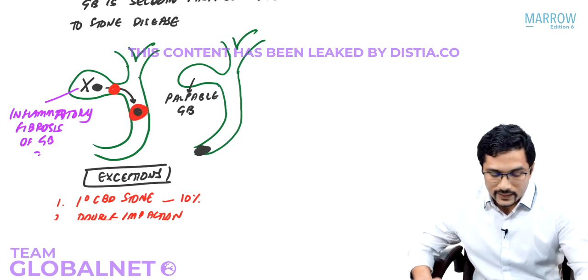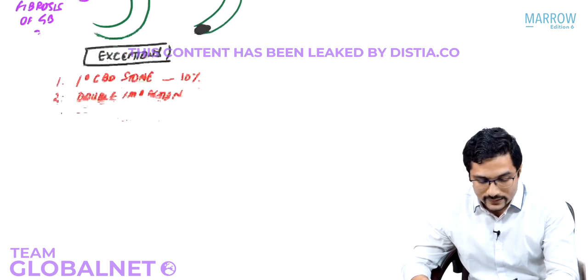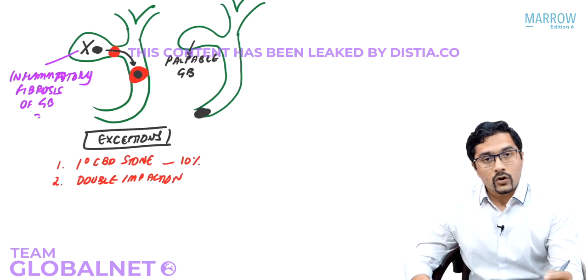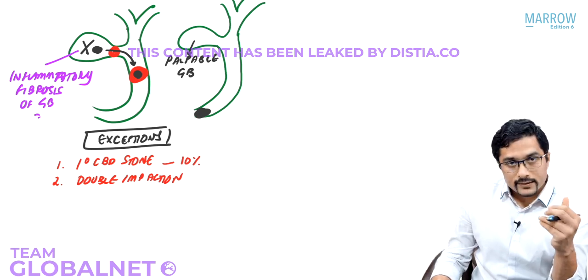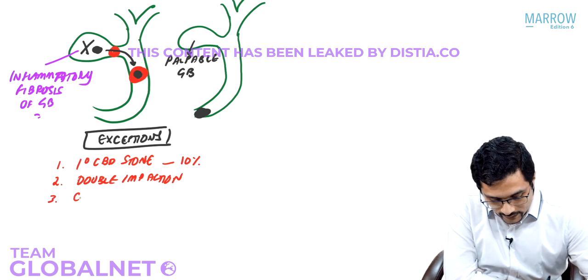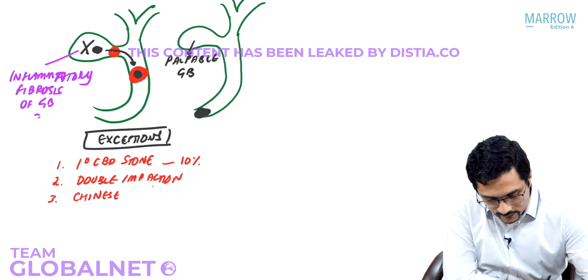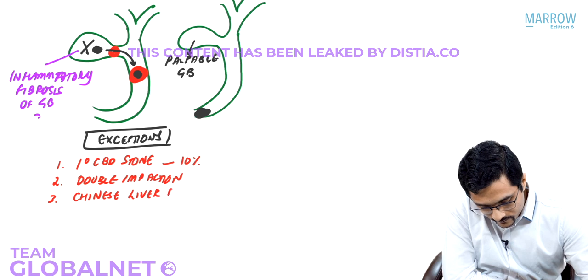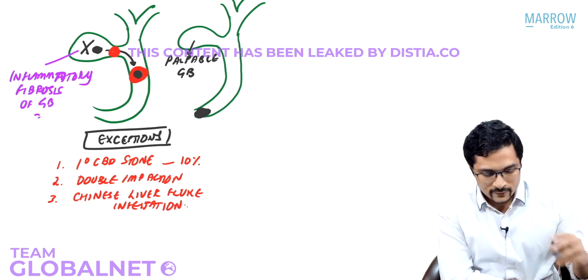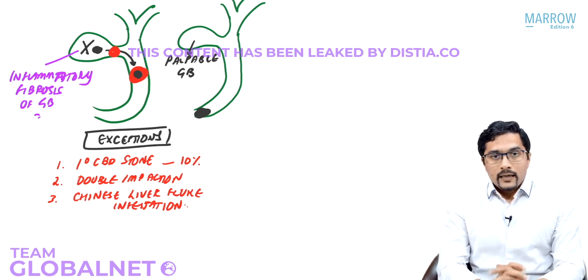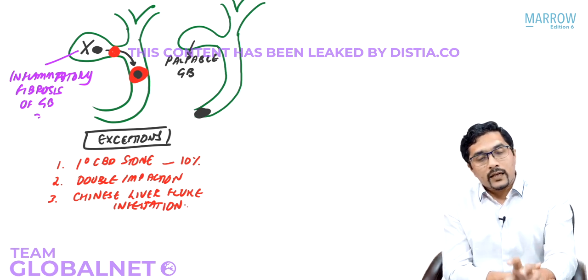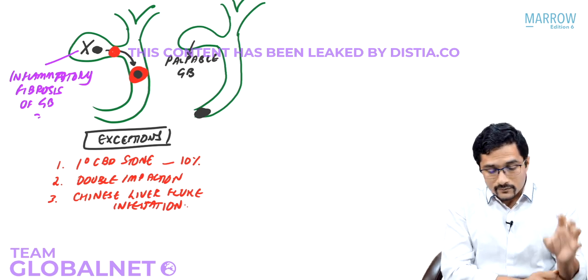Mucocele I've covered is distension of the gallbladder due to mucus, and another stone which causes obstructive jaundice because of blocking the CBD. And the third exception is Chinese liver fluke infestation. So these are the exceptions to Courvoisier's law which you should know about, and this is how we reach a diagnosis in this case.